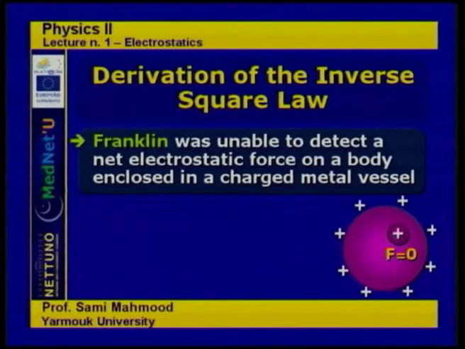For example, Franklin noticed that if a charge is placed inside a metal vessel which is charged, then this charge inside the metallic charged shell will experience no force.